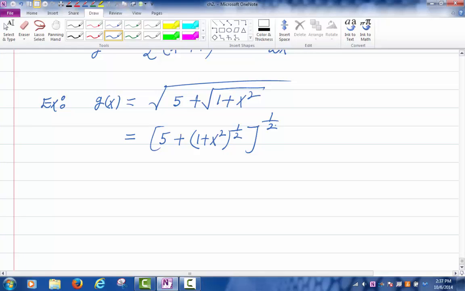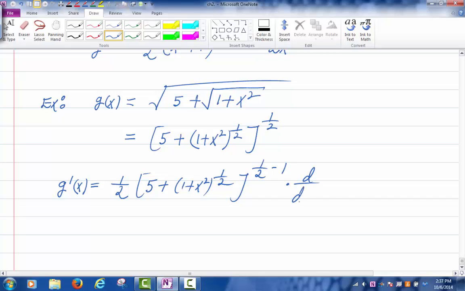Once again, you look at this, you wish you had just x to the half like this. So you take the derivative, assuming that that quantity is x, your wish comes true, you think that's just x, so this would be half times x to the half minus 1. So that x for you is this. And then what? Well, you have to multiply by the derivative of the quantity that you wished was x.